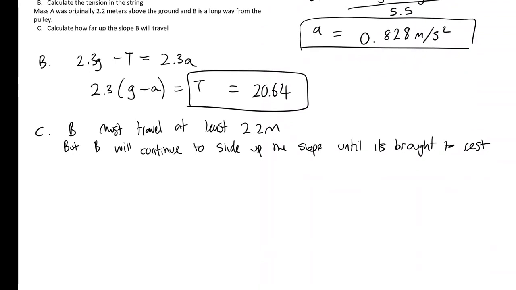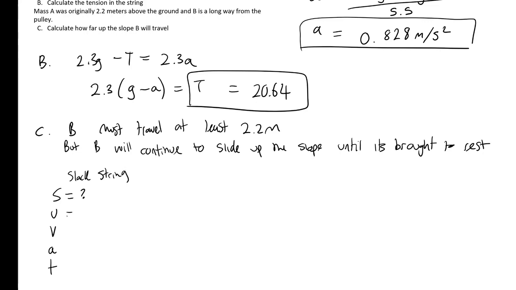So this is a question about distances travelled, so we should set up a suvat. We'll set this suvat up for the case when the string has gone slack, so when A's already hit the ground and B's picked up some speed. So slack string. We don't know how far it goes while the string's slack.